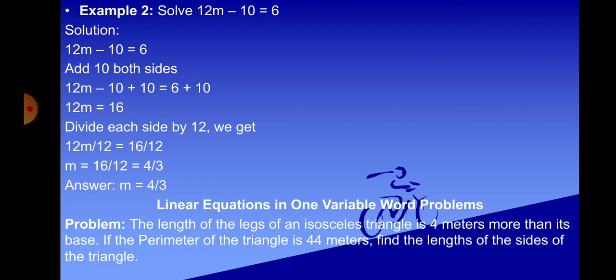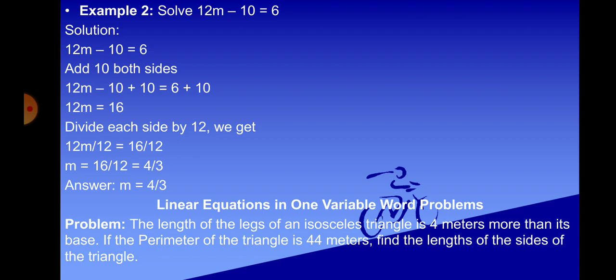Example number 2: solve 12m - 10 = 6. Here is the solution. 12m - 10 = 6.